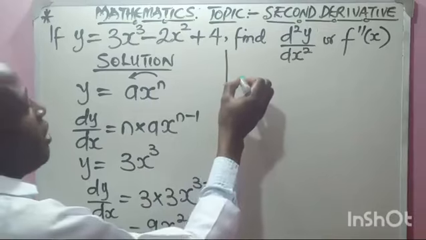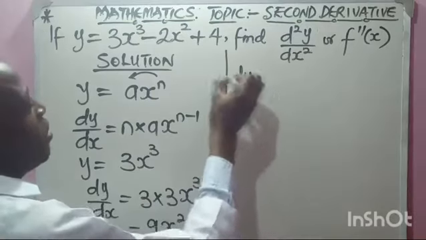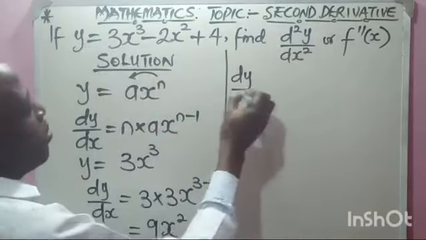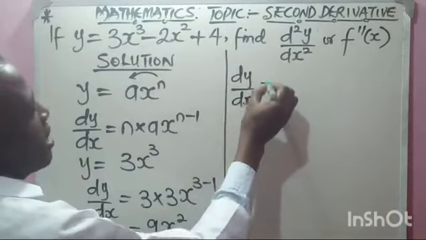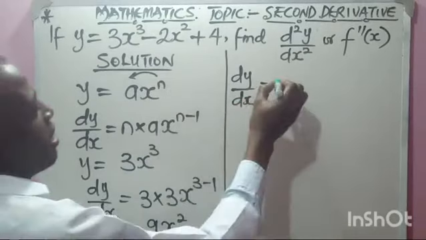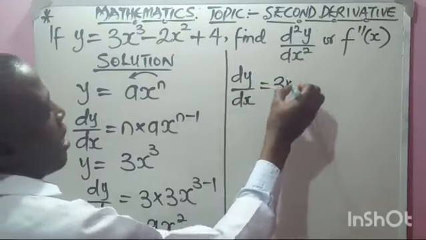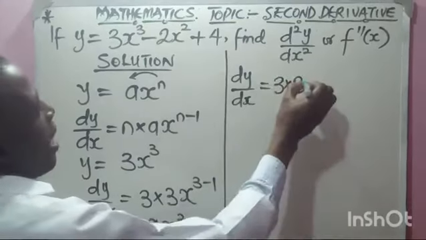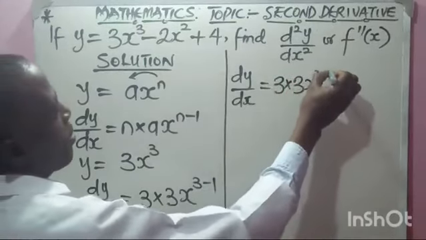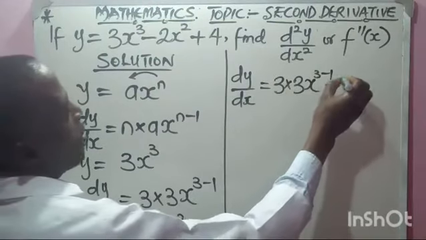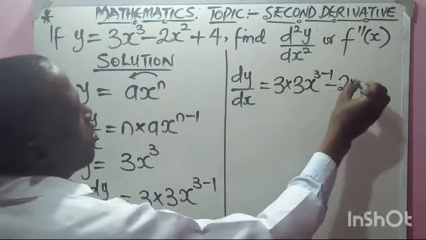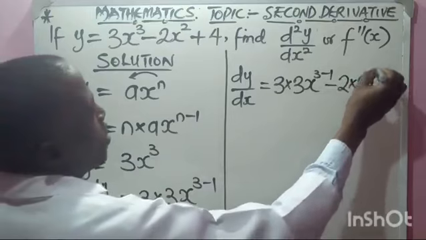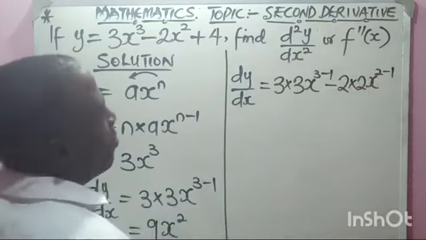So dealing with this question now, I'll have dy/dx equal to, using the idea, 3 times 3x raised to power 3 minus 1 minus 2 times 2x raised to power 2 minus 1.